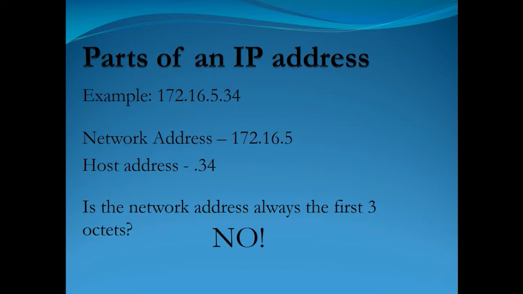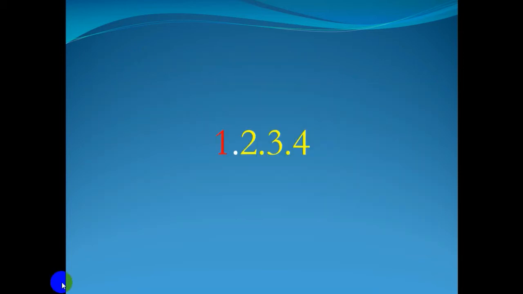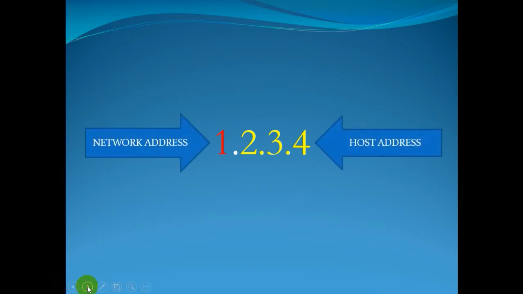So para mas maintindihan nyo ang network at host address and kung para saan sila, kailangan nating pag-usapan ang iba't ibang classes ng IP. So ganito. Nung unang ginawa ang Internet Protocol, ang first octet lagi ang nagre-represent ng network address. Then, yung sunod na 3 octets ang host address.